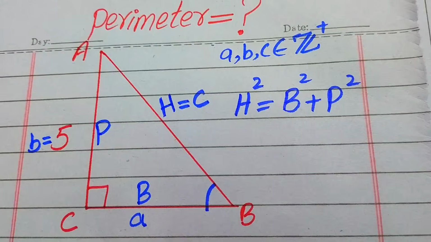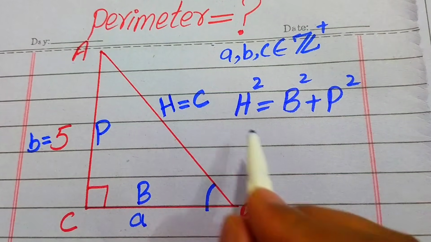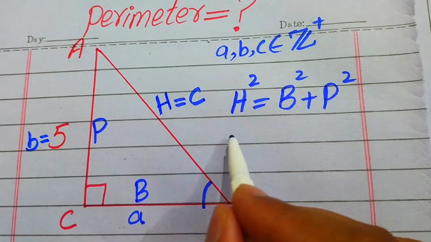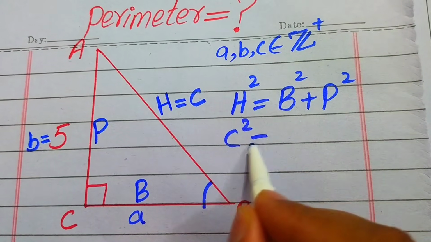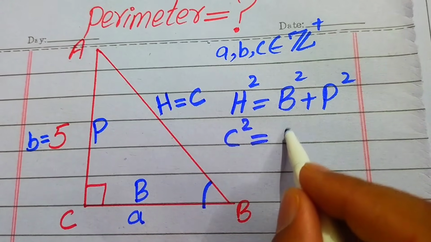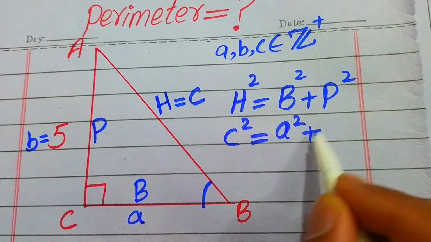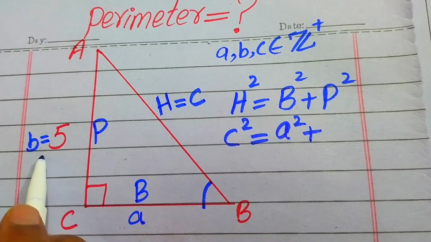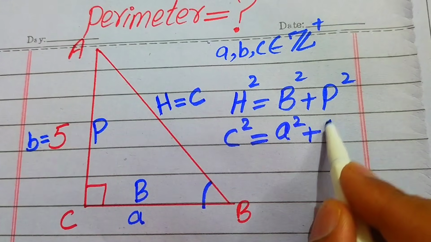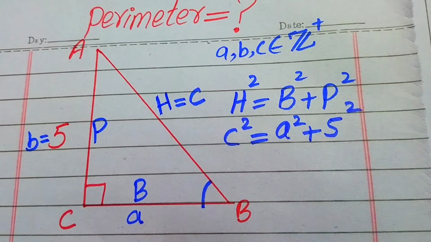Our hypotenuse is denoted by small c, so this is c square. The base is denoted by small a, so it is a square, and the perpendicular is b, which equals 5, so we write 5 square.